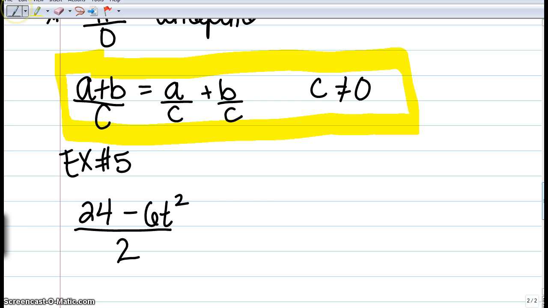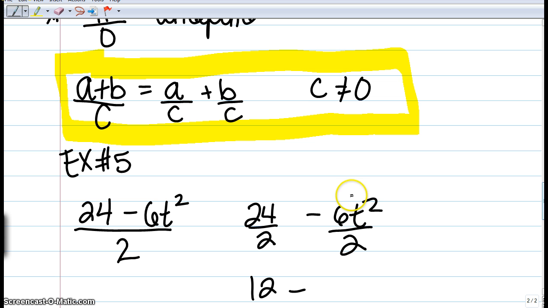So we're allowed to separate these and put a 2 underneath. So we can have 24 divided by 2 minus 6t squared divided by 2. 2 goes into 24 12 times. 2 goes into 6 3 times. And you can't subtract these because there is a variable in it. So you just leave it alone, and this is fully simplified.